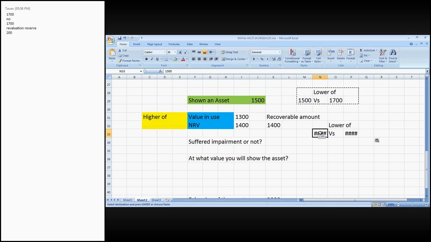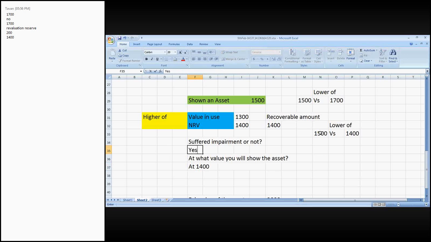When I compare the carrying value of 1500 with the recoverable amount of 1400, it has suffered impairment of 100. That means the new carrying value, at what value will you show the asset? I'll show it at 1400. Has it suffered impairment or not? Yes, $100. 100 is the impairment loss. I'll charge it to the P&L, the income statement.